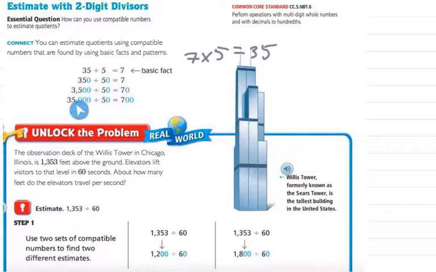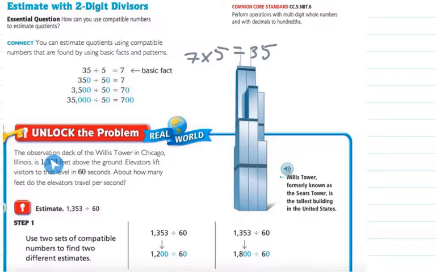Lastly, 35,000 divided by 50, boys and girls, would be 700 because 700 times 50 equals 35,000. So you're going to see some patterns that we use with multiplication in here, and I'm also going to do a common error problem at the end just to clarify some things to make sure that everyone's on track and feels confident. So boys and girls, we're going to stop down at the unlock the problem real world.